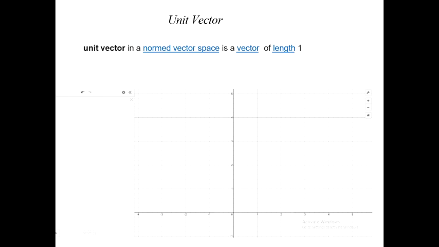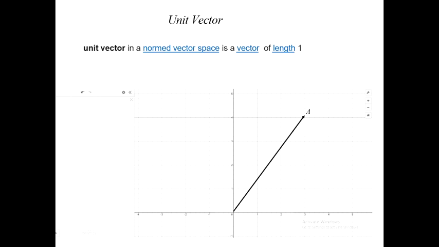For example, if we have a vector A, which has ordered pair 3 and 4. It is a position vector from 0 and 0, the start point, and the ending point is 3 and 4. We can make a unit vector for this vector with two conditions.